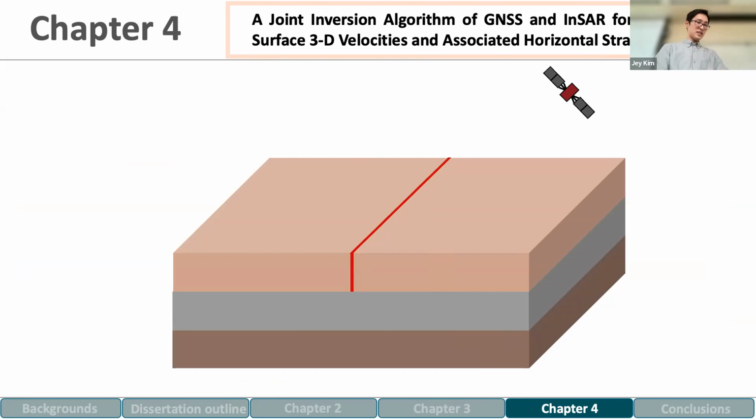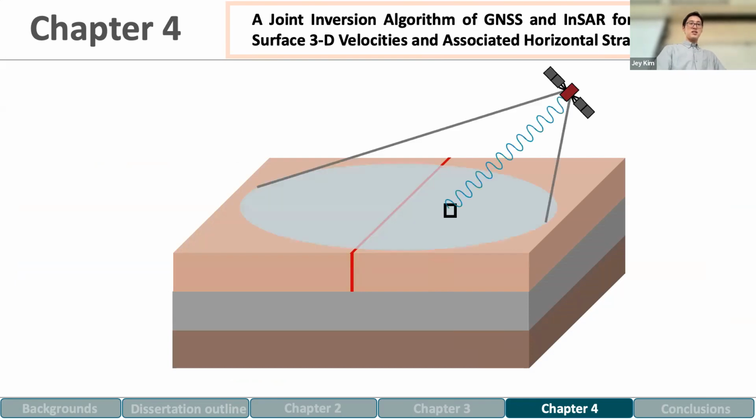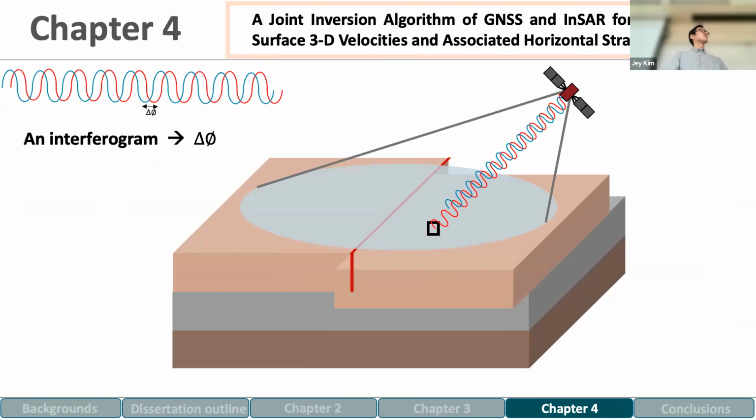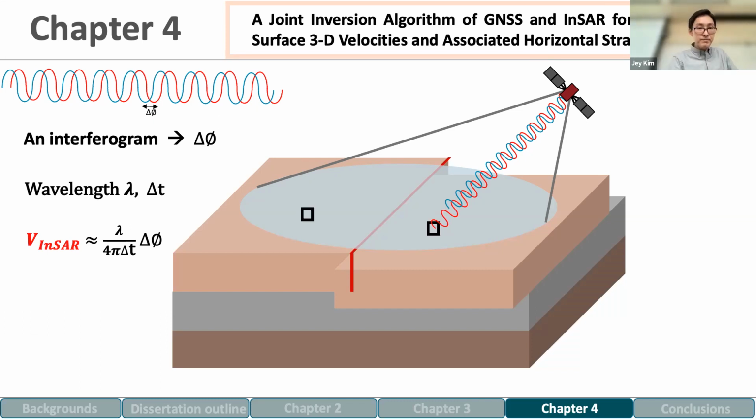Because of time, I just want to skip here, assuming that you know InSAR. Basically, it is based on two SAR images. You can build an interferogram, and from that you get phase differences over time. You already know the wavelength of the microwave for SAR, and you know the time interval between the two measurements, so you can convert that phase difference to velocities or displacement across the entire swath.